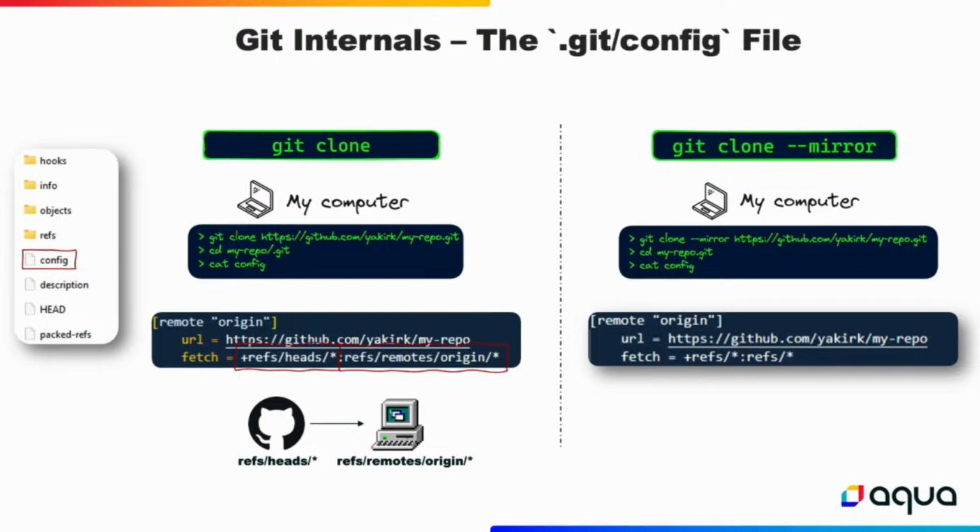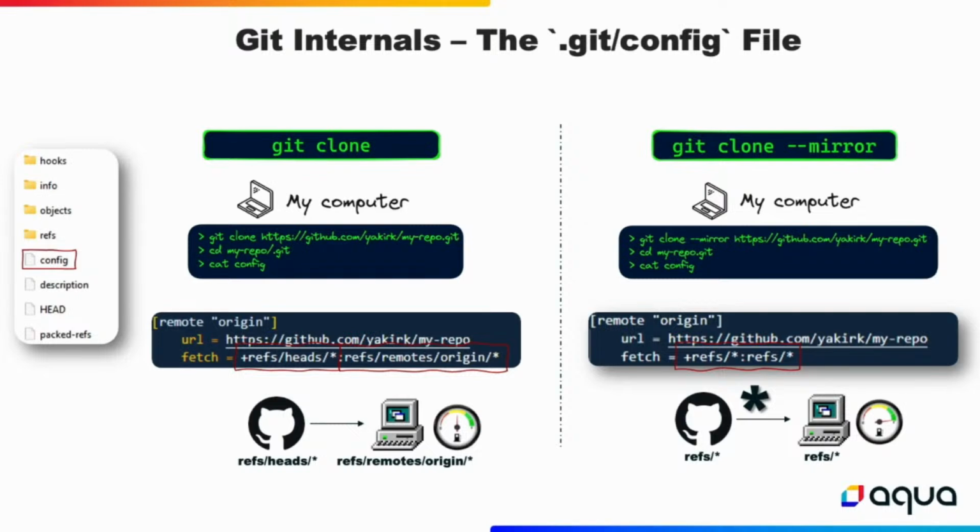So we will get all the references that exist on the remote, in this case GitHub. When we use the git clone --mirror command, we not only bring branches, but every reference that exists on GitHub, and this is what actually creates the delta and the gap between the content that we get from the git clone command and the content that we get with the git clone --mirror command.